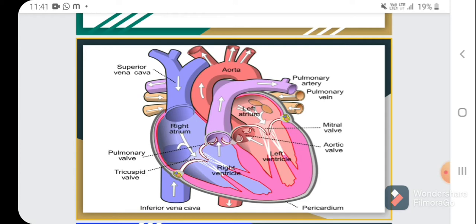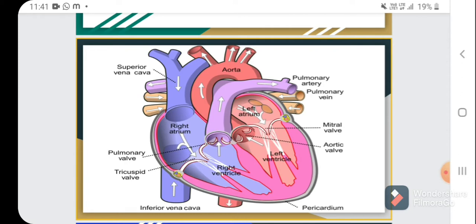The superior vena cava drains blood from the veins of the upper organs and arms. The right atrium also receives blood from the inferior vena cava, which drains blood from the veins of the lower organs and legs. In addition, the right atrium receives blood from the coronary sinus, which drains deoxygenated blood from the heart itself.